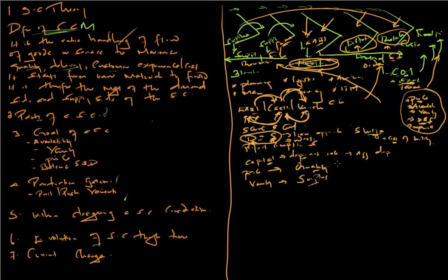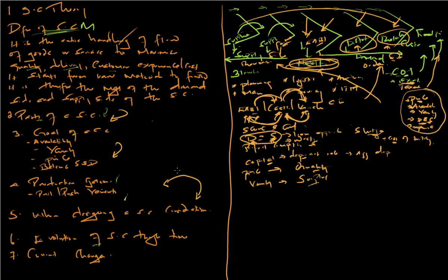Now beyond the goal of supply chain and beyond the parts of a supply chain, we say that there are several things you need to consider. The first one is, what kind of production systems will we use, and what are the considerations to have when you are designing a supply chain?